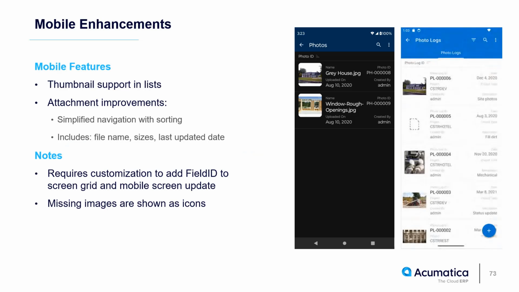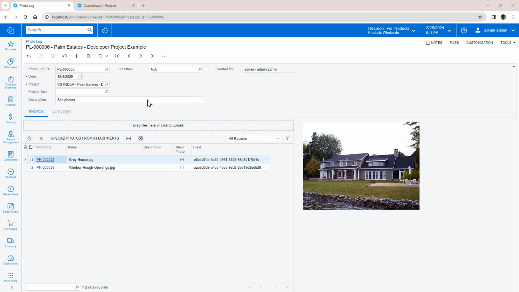Thumbnail images in mobile lists. In 24R1, developers can add thumbnails to lists. This helps users visualize items before drilling into a specific object. Using the Mobile Development Kit, developers can add thumbnails to lists. For the photo log screen, this requires two steps. Add the file ID to the photo log screen, as I have already done here.